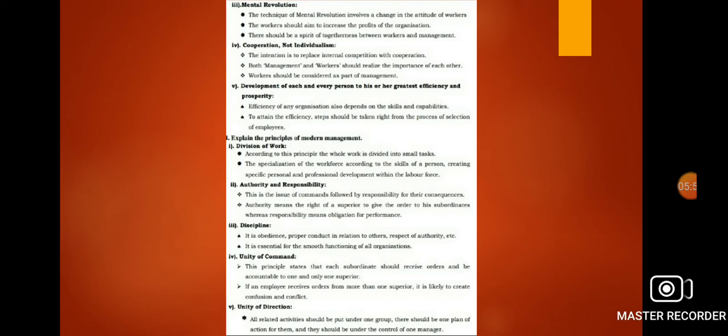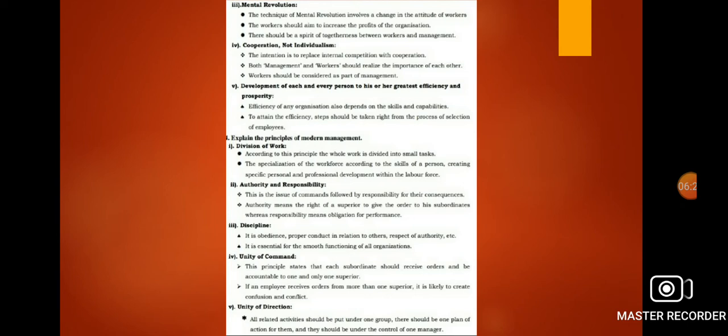Then cooperation, not individualism. This principle is an extension of the principle of harmony, not discord. Cooperation, mutual confidence, and goodwill should prevail among both managers as well as workers. Then last one, development of each and every person to his or her greatest efficiency and prosperity.